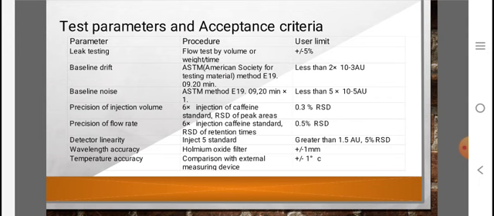Baseline drift: the ASTM, American Society for Testing and Materials, method E1657 for 20 minutes should be followed. The limit is less than 2 × 10⁻³ absorbance units. Coming to baseline noise, the procedure is the ASTM method and the limit is less than 5 × 10⁻⁵ AU. In the same way, all the parameters like precision of injection volume, precision of flow rate, detector linearity, wavelength accuracy, temperature accuracy, we have to test as per the procedures, and the limits should be maintained like this.